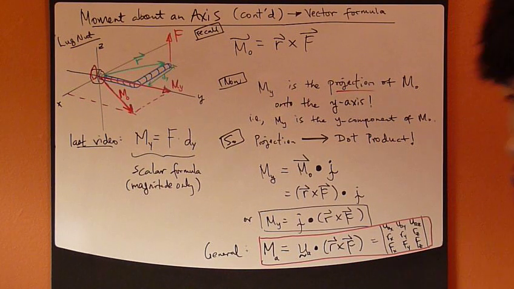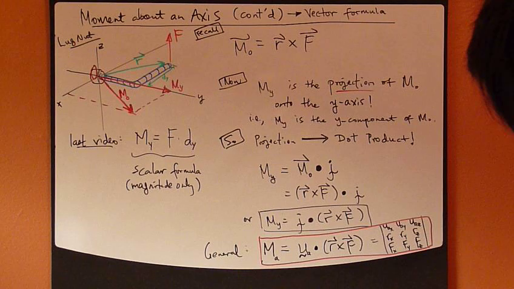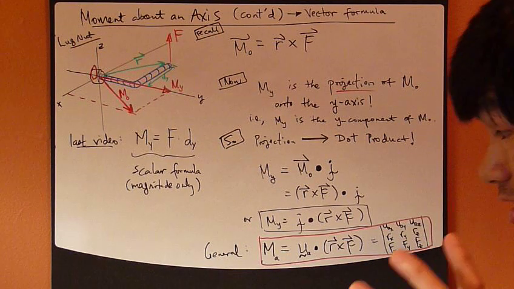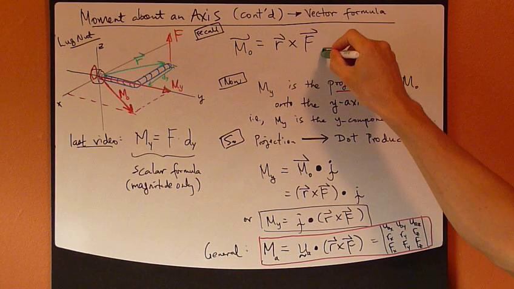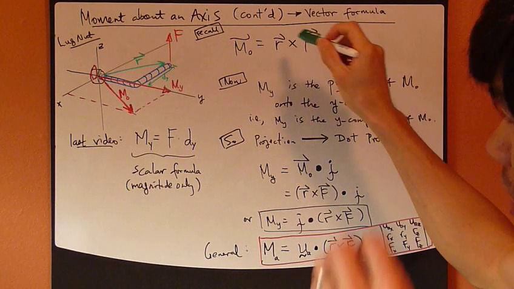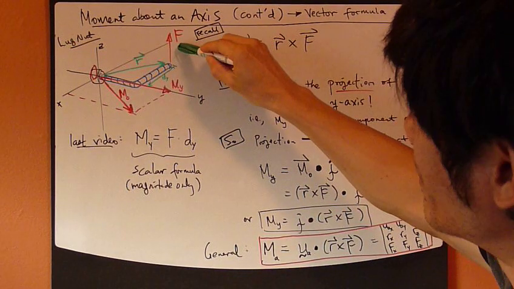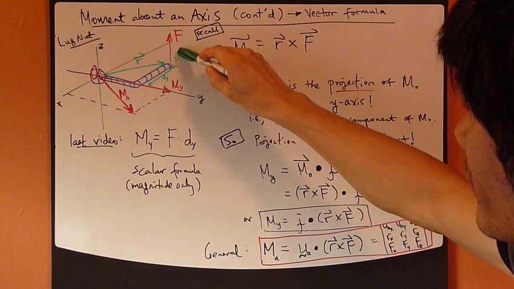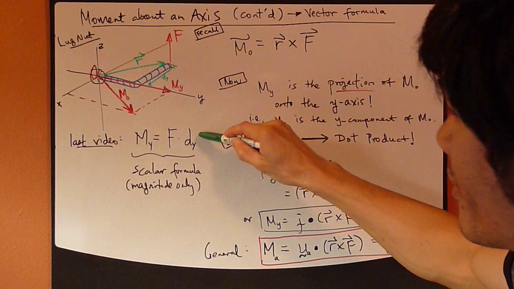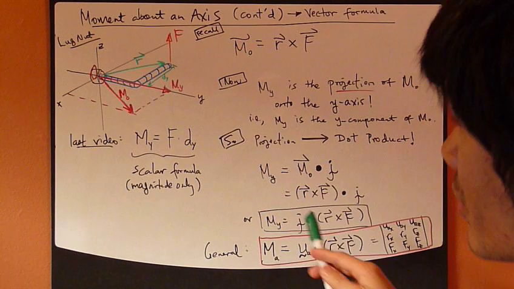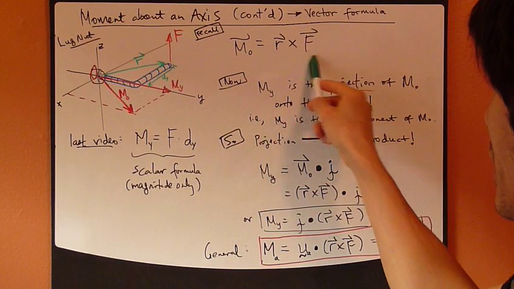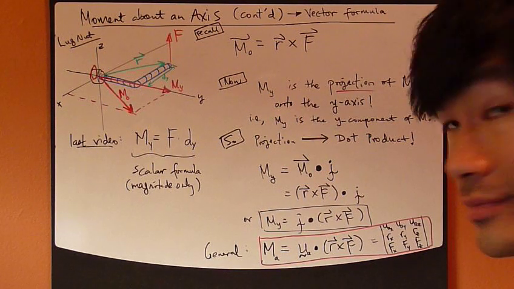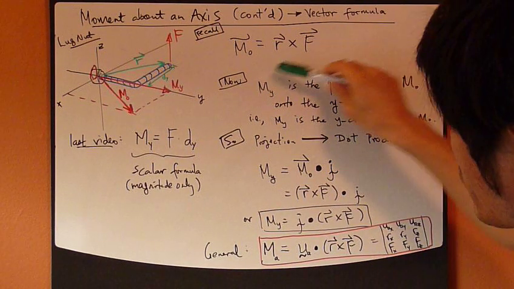Now I'm going to introduce an alternative formulation, the vector formulation. This vector form is useful if you don't know the magnitude of the force itself or this distance right off the bat, but instead you know the x, y, z components of these vectors.